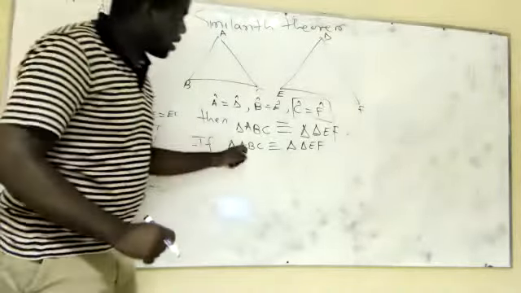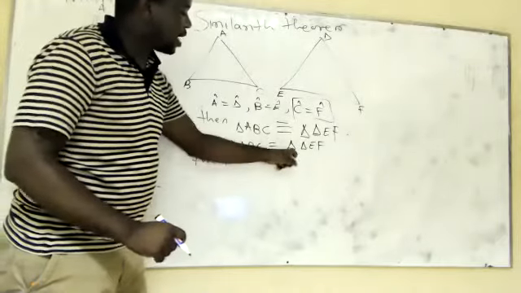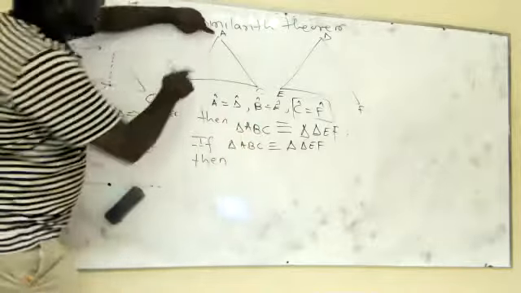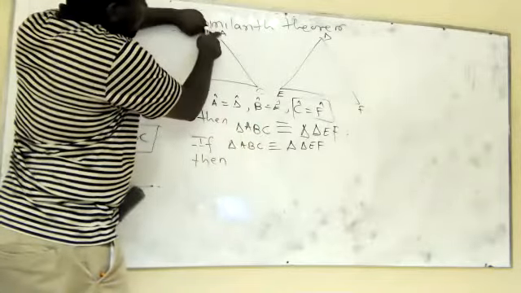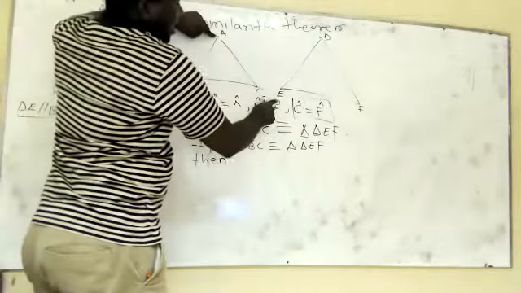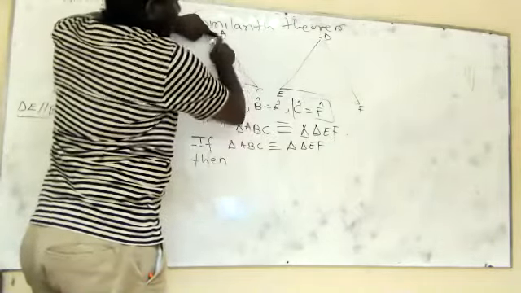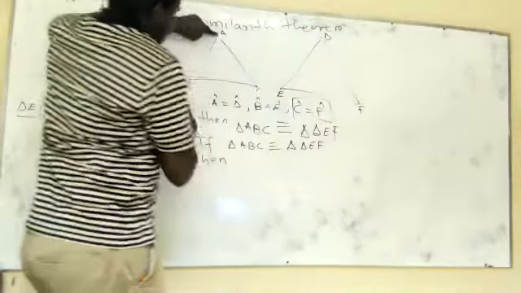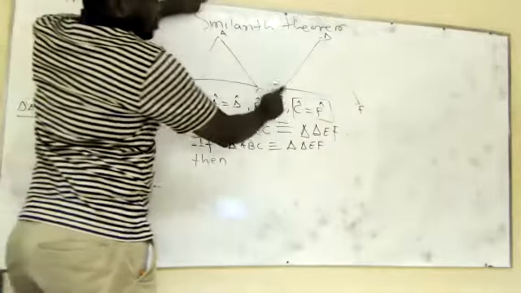Then the ratio of AB divided by DE is going to be equal to the ratio of AC divided by DF, which is going to be equal to the ratio of BC divided by EF.